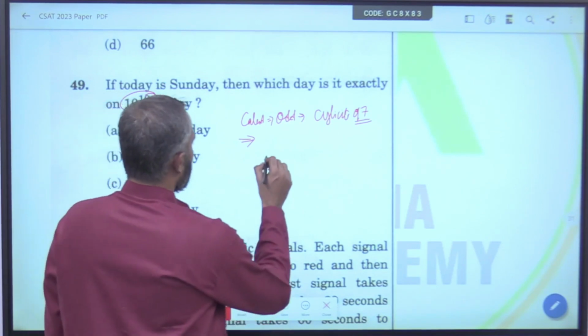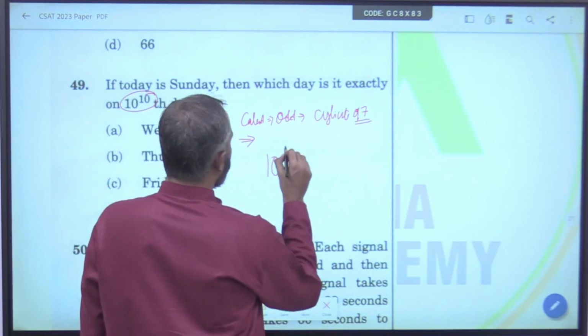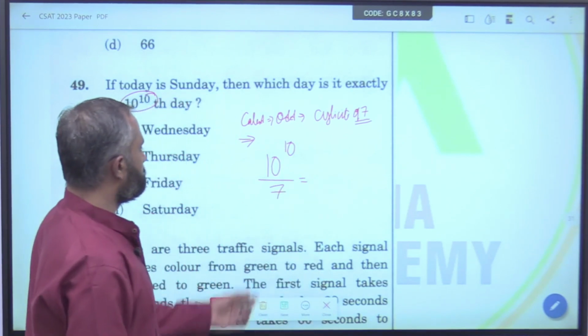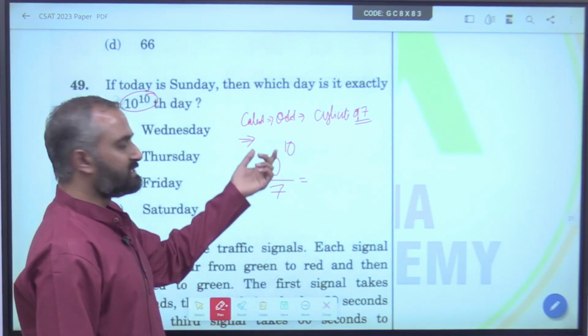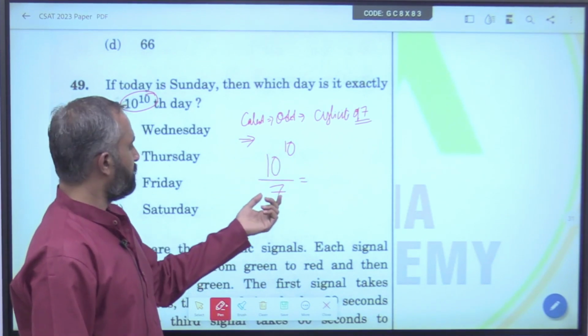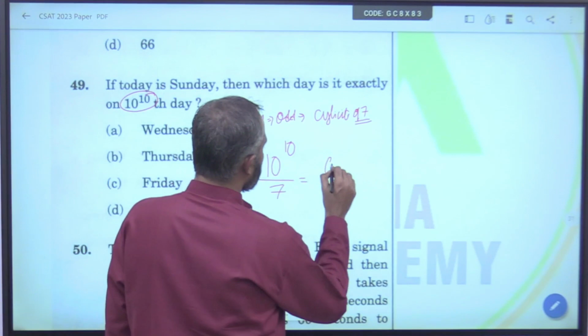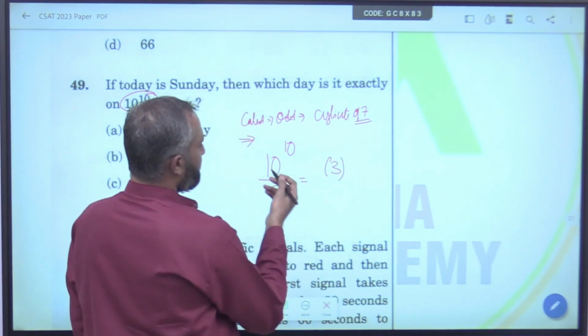Now 10 to the power of 10 by 7. Since 10 is more, we can do basic division. So the remainder here is 3. 7 1s are 7, and 3 remains.